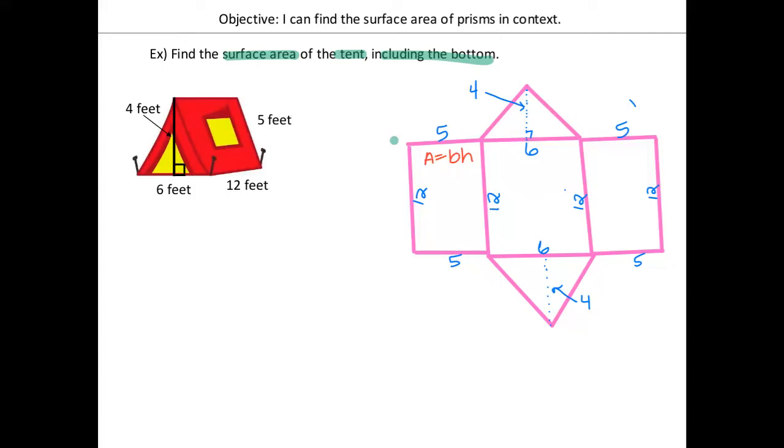So I'm going to do 12 times 5 for my first rectangle, plus my second rectangle. My second rectangle has dimensions 12 by 6. So then I know that this is going to be 12 times 6. This one is 12 times 5. Plus my third triangle, I keep saying triangle, sorry, my third rectangle is also going to be 12 times 5.